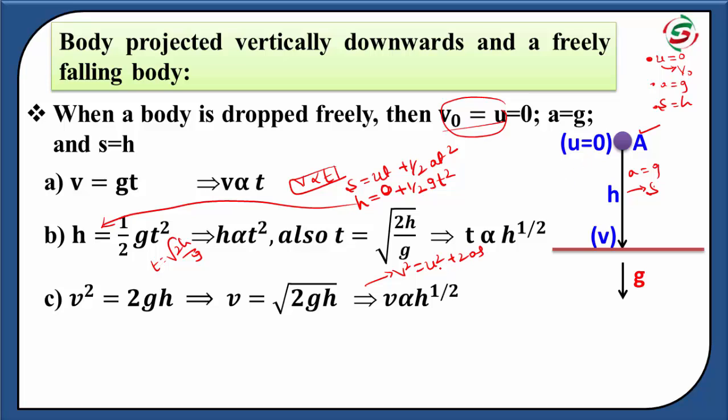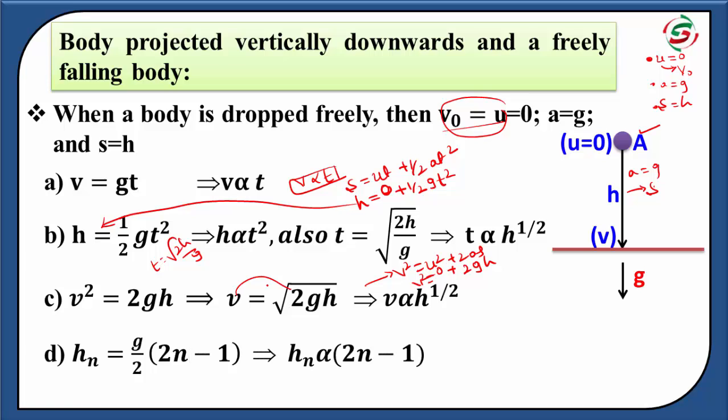The body is initially at rest, so v square is equal to 0 plus 2 into g into h, v square is equal to 2gh, v equal to root of 2gh, or the velocity is directly proportional to root of its height. These are the formulas used when the body is projected vertically downwards and for a freely falling body.